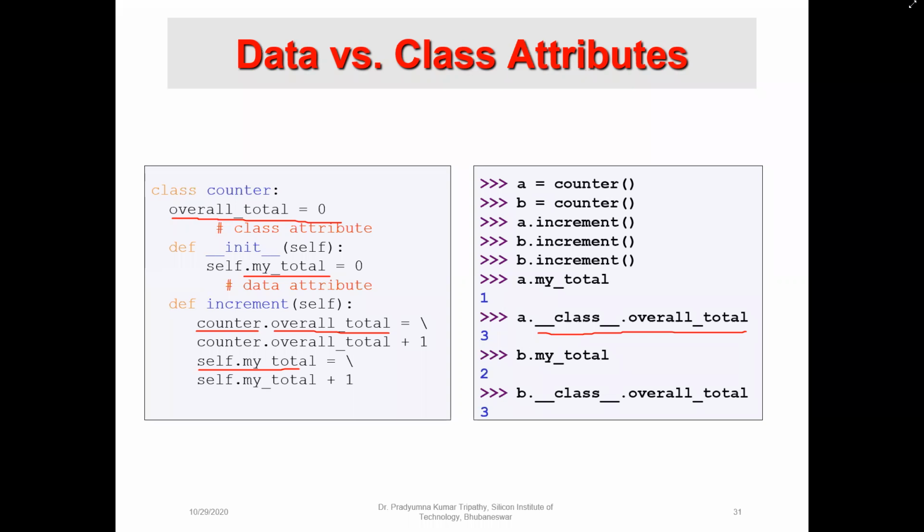Fourteen is Sangeeta, okay. 14 is present. 23 absent. 4, 23 and 31. Okay.